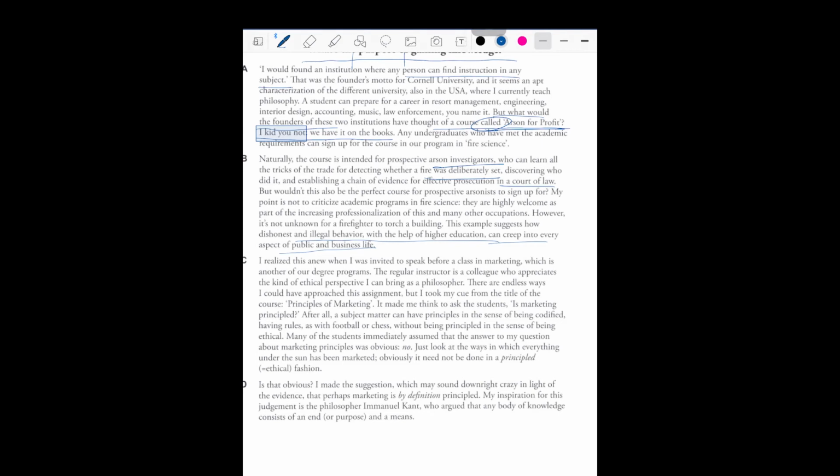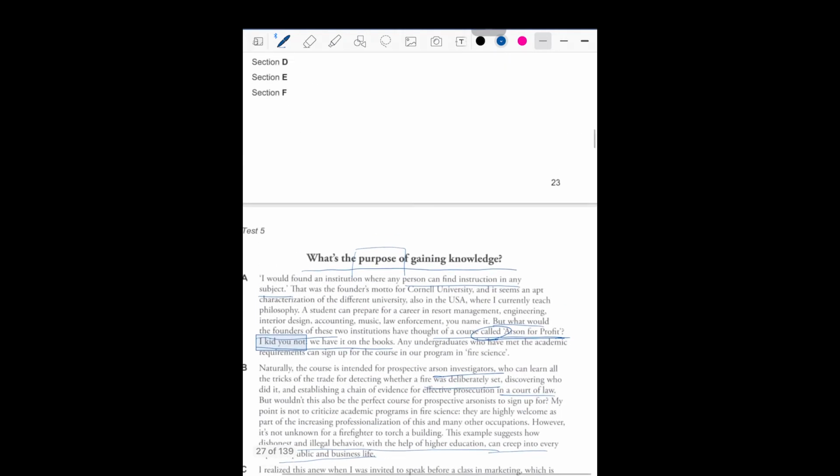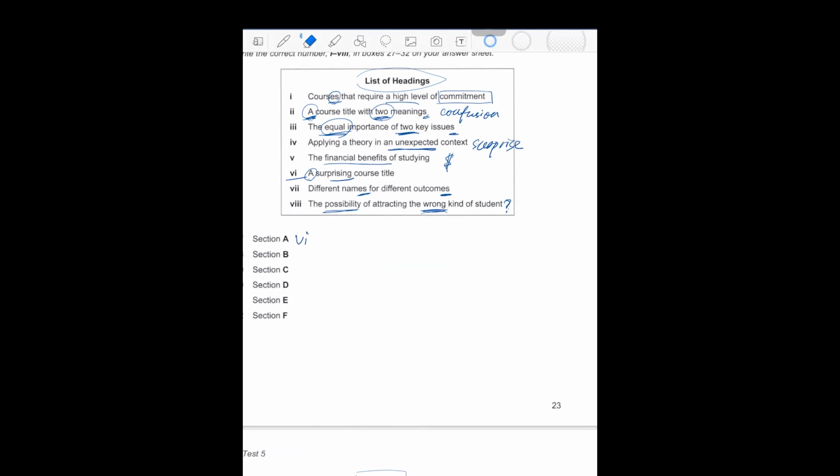So this course is originally designed for arson investigators, law enforcement, but some criminals may attend this course as well and learn how to set fires. Okay. The heading for paragraph B is this one: the possibility of attracting the wrong kind of students.